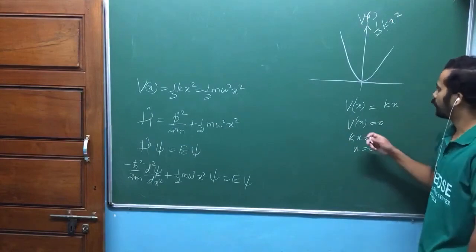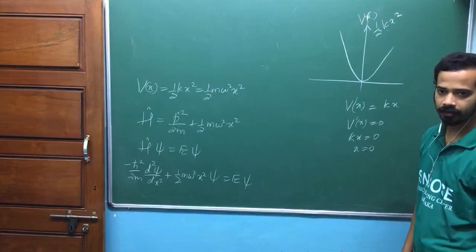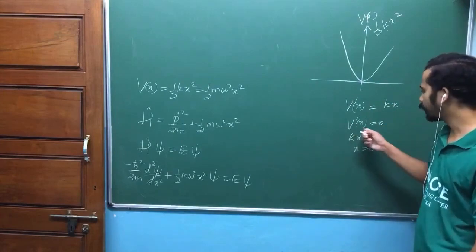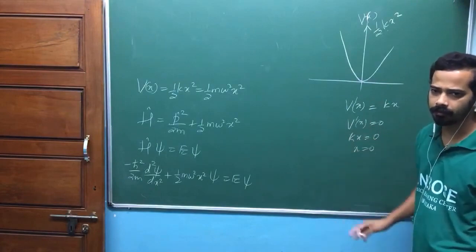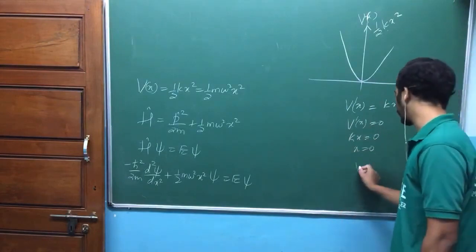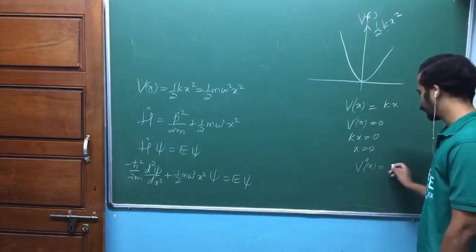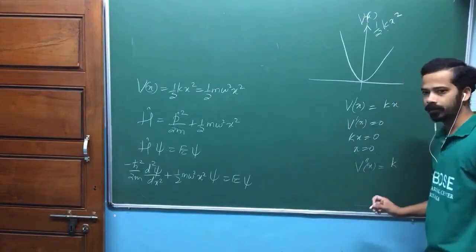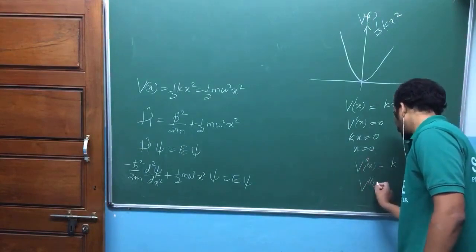So again, that point may be either maxima or minima, isn't it? When you equate the first derivative to 0, the point will be either a maximum or a minimum. Now let me take the second derivative, V double dash of x. What is this one? That's equal to k. Am I right? Now again, let me take the second derivative at x equal to 0.